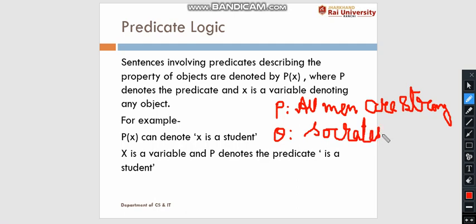Q is: Socrates is a man. Then from these two statements, yes, you can infer that Socrates is also strong.